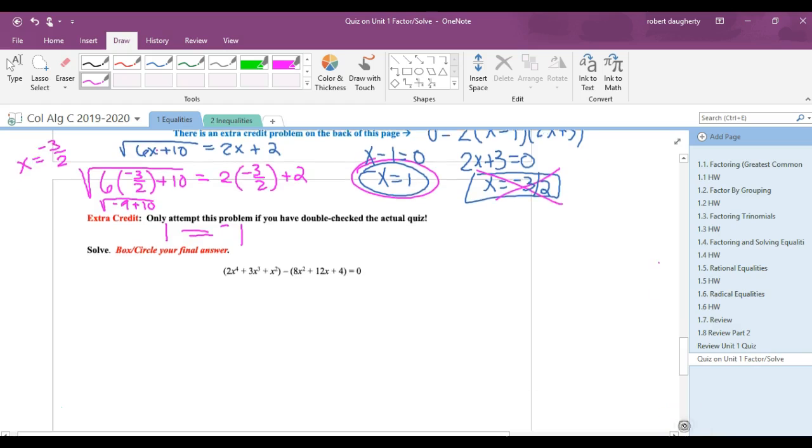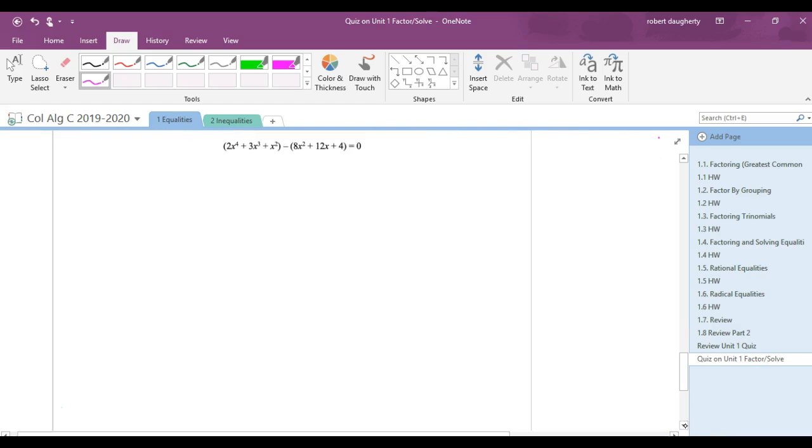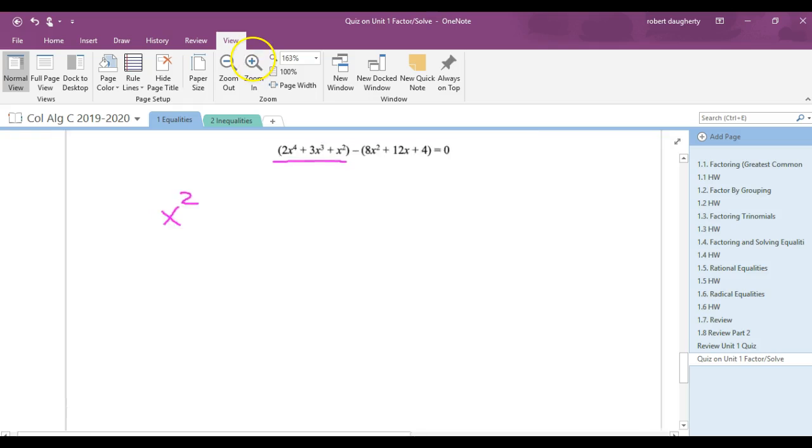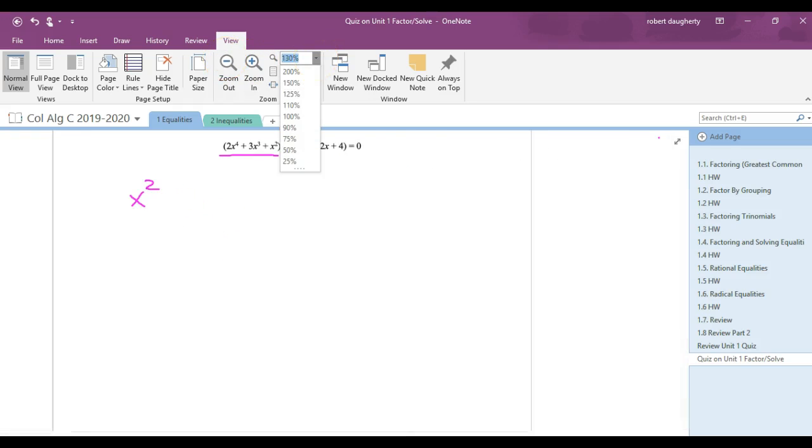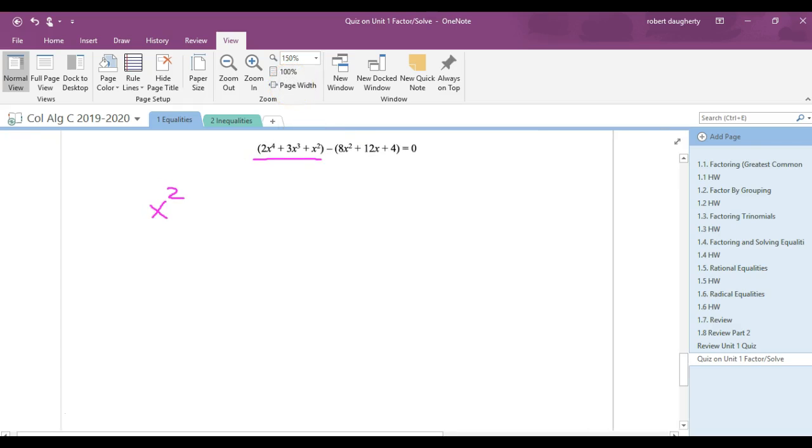And the bonus, real quick. This one is grouped in parentheses, so you can treat it as two separate problems. It looks like an x squared is in common here. So if I factor out an x squared, I get x squared times 2x squared plus 3x plus 1.